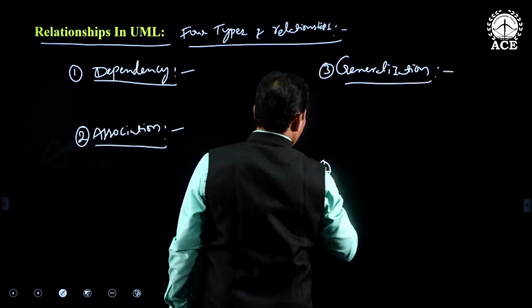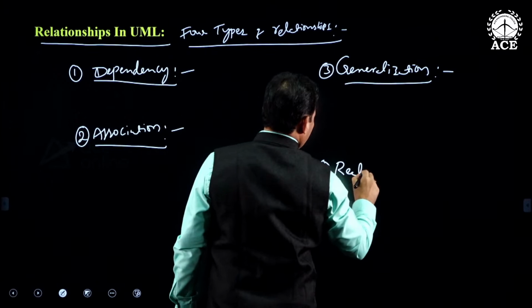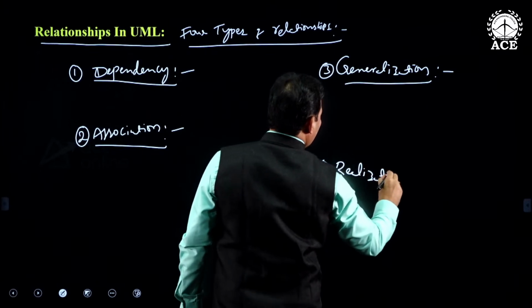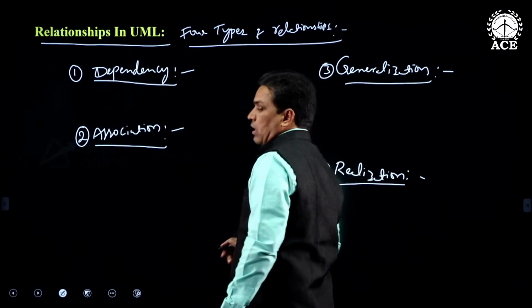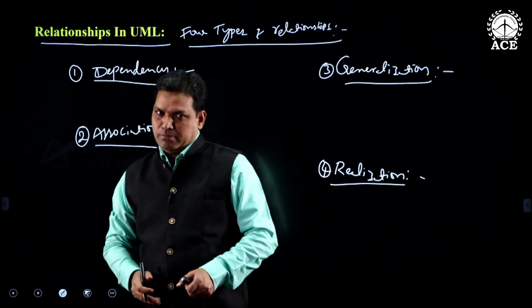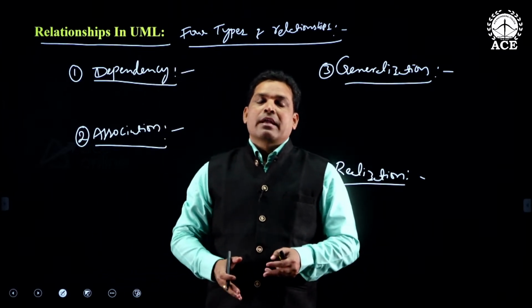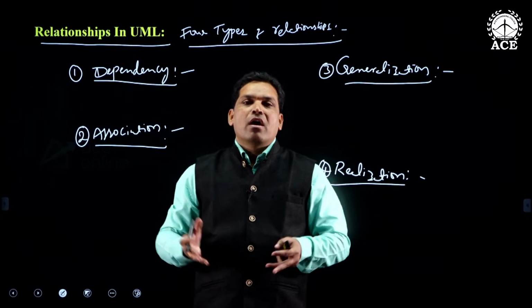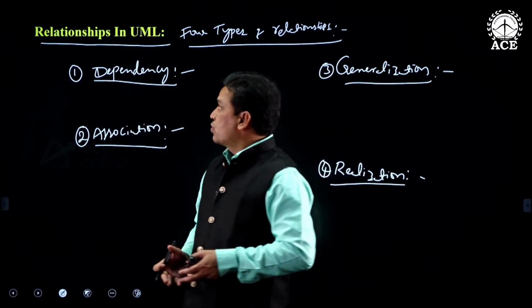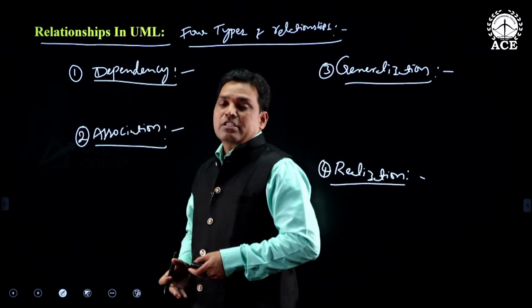The fourth one is realization relationship. These relationships play a major role while modeling a software system. Relationships in UML can establish connections among UML elements. That's why relationships in UML play a major role.